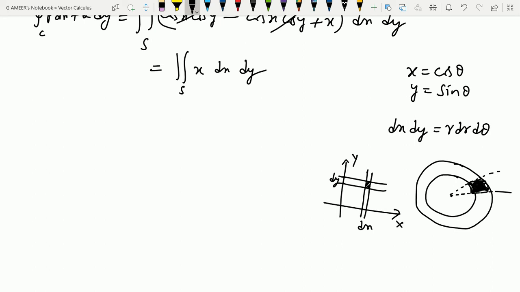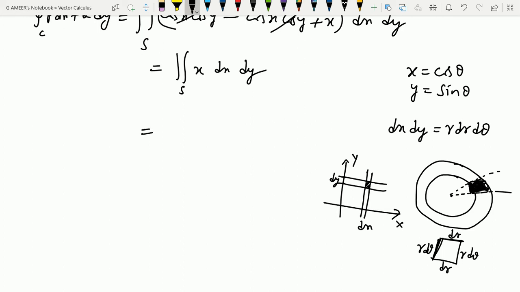This arc length will be radius multiplied by the angle. This arc length will be r d theta, and this will be the dr. So length into width. That's why the area element dx dy here is the same as r dr d theta. Okay, fine. Now come here.